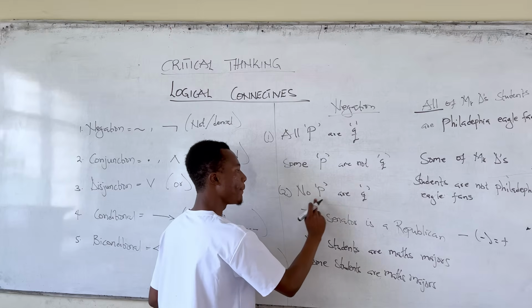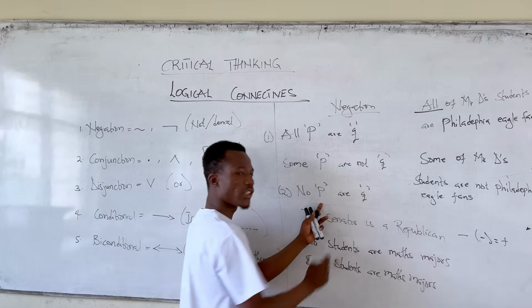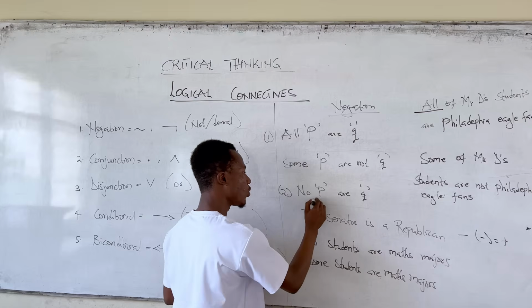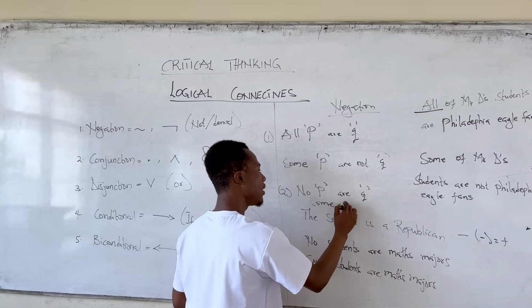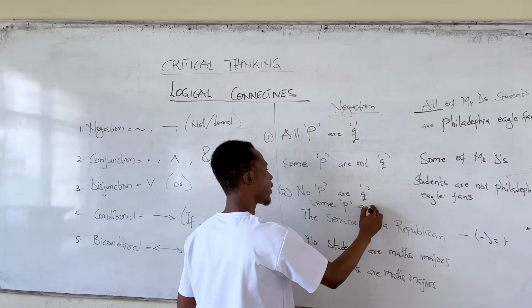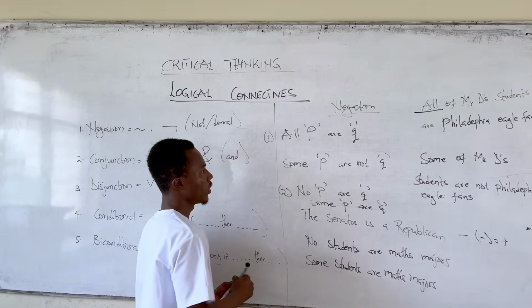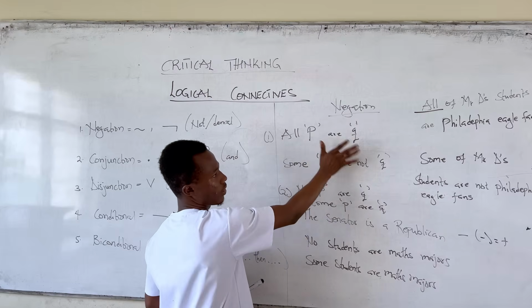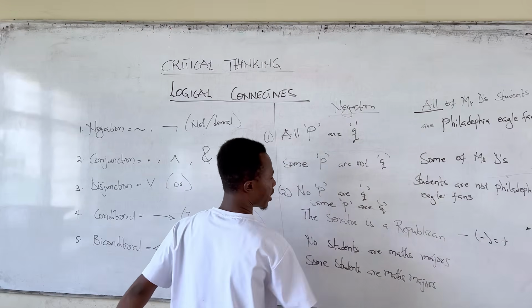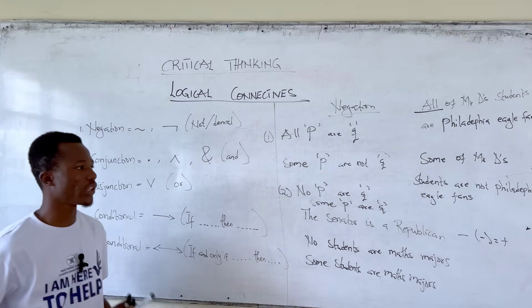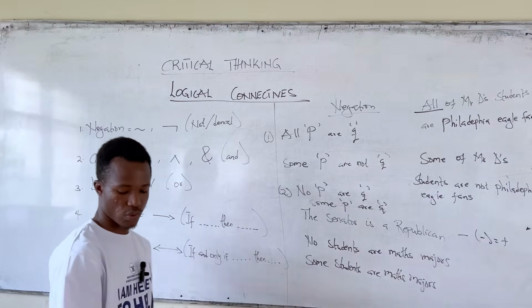There is no need to bring the "not", because the statement is in denial. So we say "some P are killed", then we go away. I hope you get it. So this is just the logic, and these are the expressions, okay? So you can take your time and go through them, and you will get it better.